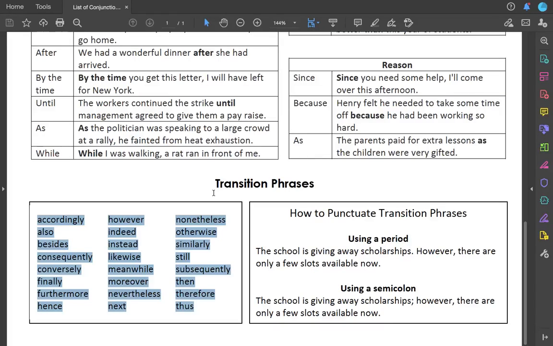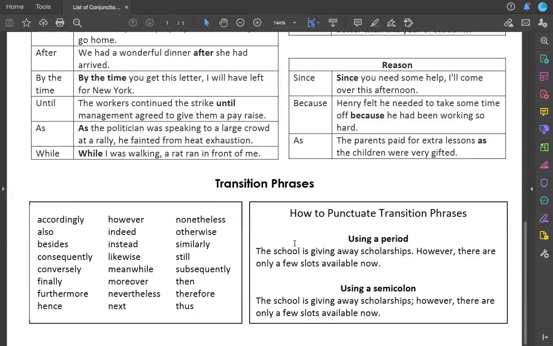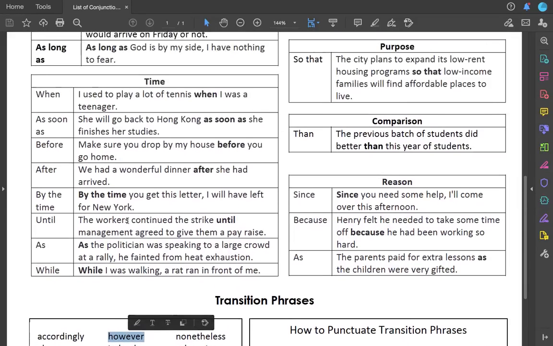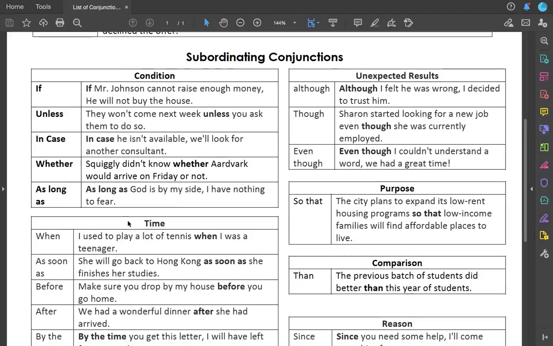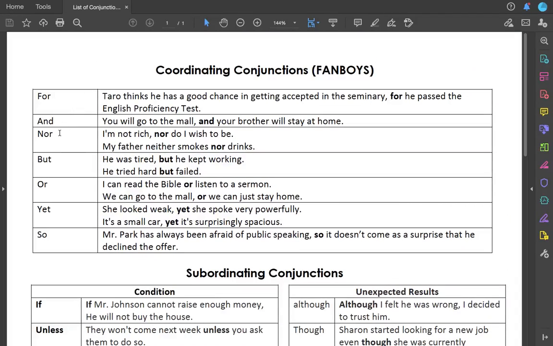Now we call these adverbs, specifically conjunctive adverbs, and they're very different in the way we use them. Let's take for example however, even though, and but.